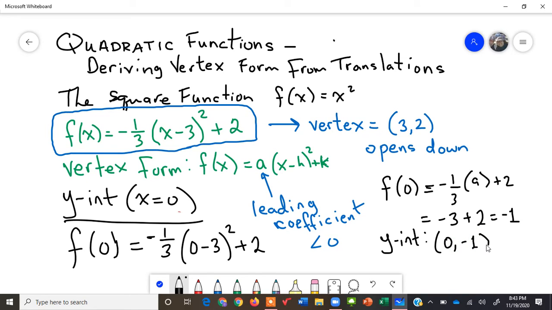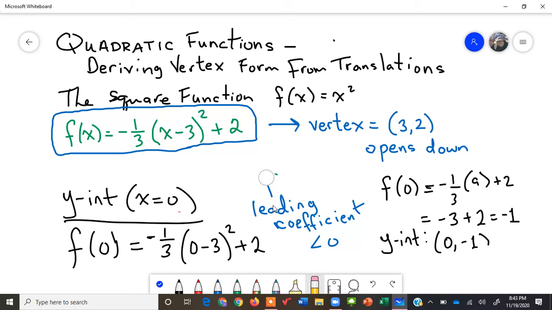What about x-intercepts? Well, whereas the y-intercept occurred when x is 0, the x-intercepts occur when y is 0. So we end up setting the function f of x, which is y, equal to 0.